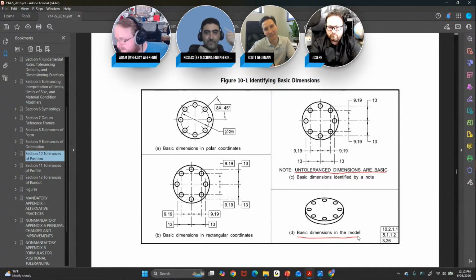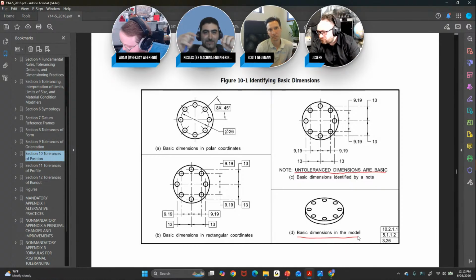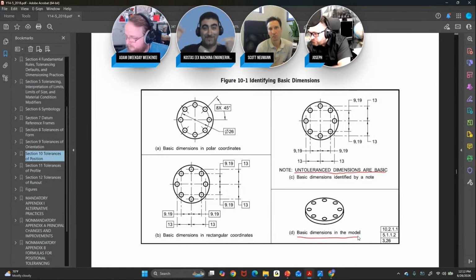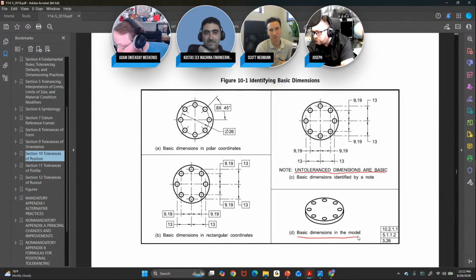I'm coming from having lived on both sides of the drawing, the designer and the machinist. If I have a flange like that, I would never set up a CNC machine and go through CAM to do that. That's a divider on a mill all day long.